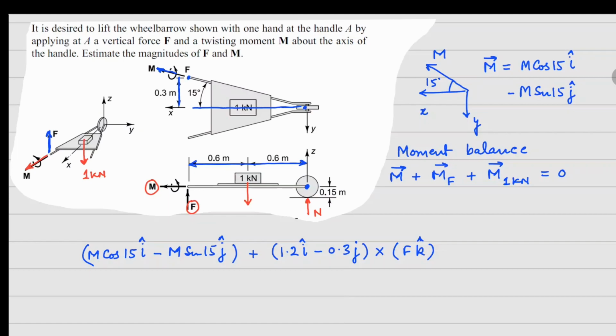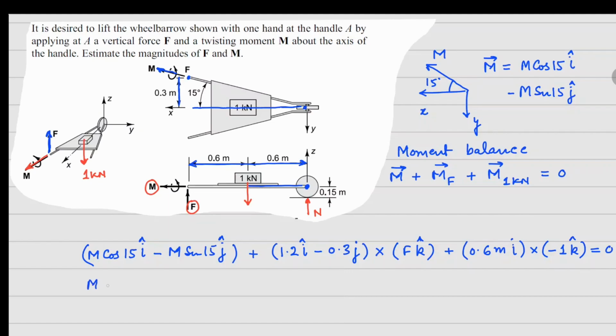Now for the 1 kilonewton force, the distance from this point along the x direction is 0.6 meters i cap, and the force in this case is going to be minus 1 k cap, equal to 0.